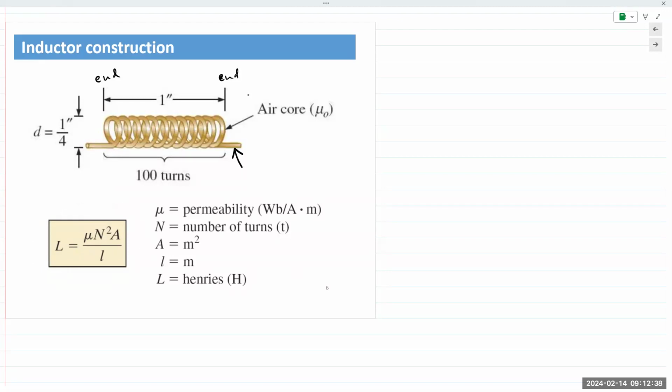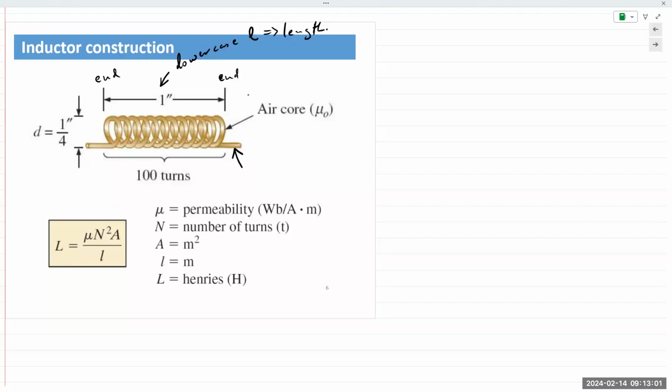So this is the lowercase l. It looks like a 1, but it's an l. And it denotes the length in meters.